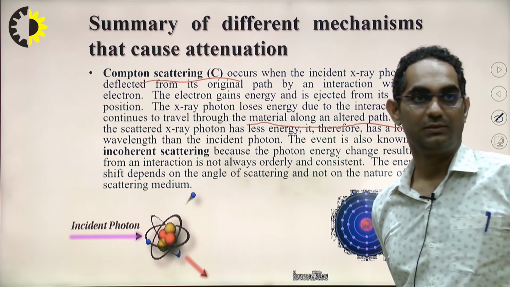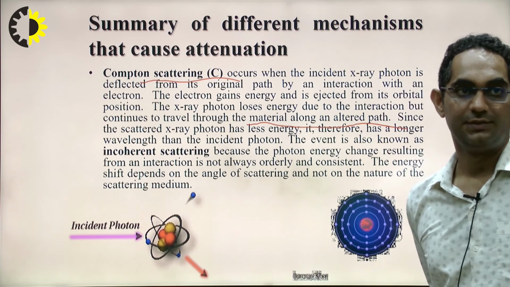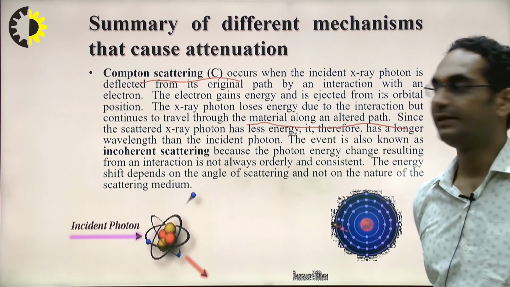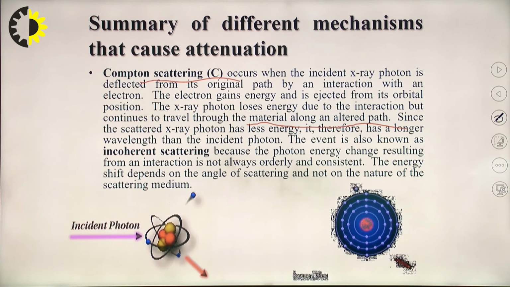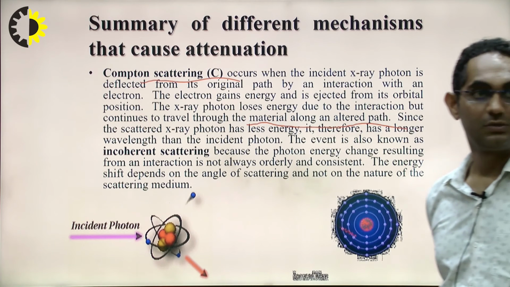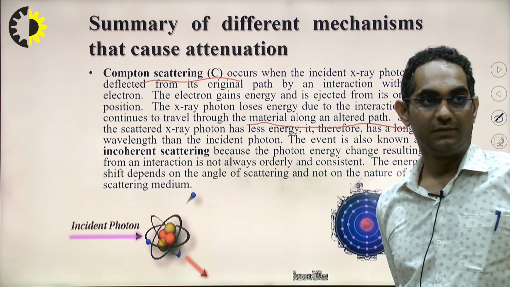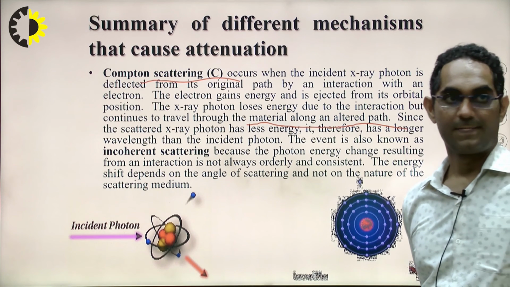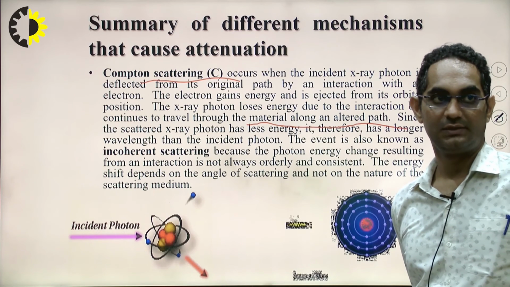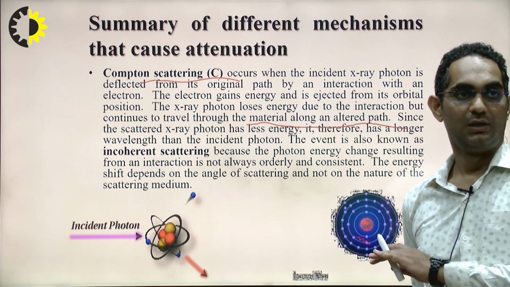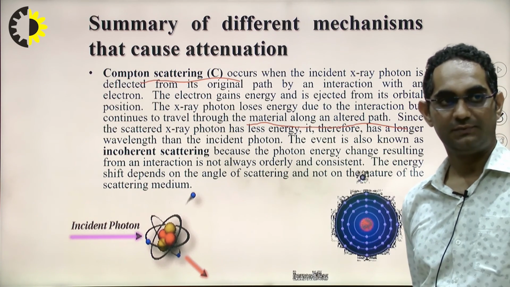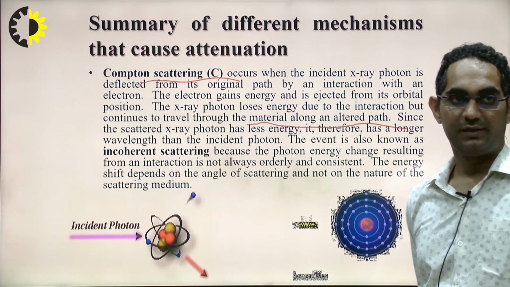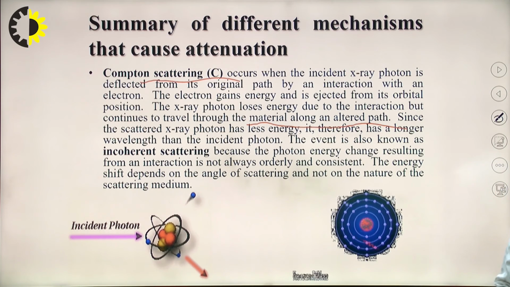The event is also known as incoherent scattering because the photon energy change resulting from an interaction is not always orderly and consistent, and the energy shift depends on the angle of scattering and not on the nature of the scattering medium.